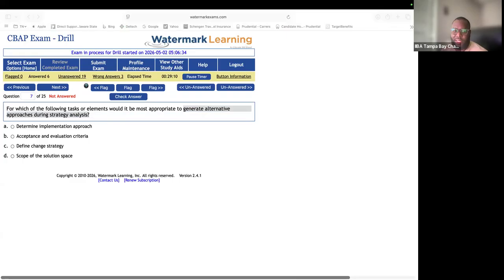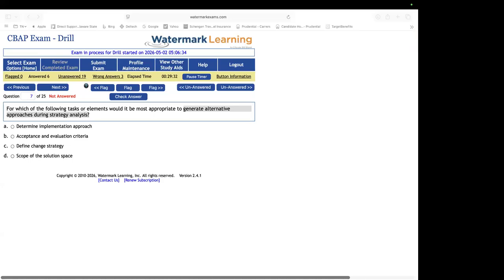And we're talking about task or element. So the question now becomes, are any of those four not either a task or an element? We can start by eliminating that. I will probably go with C, define change strategy.